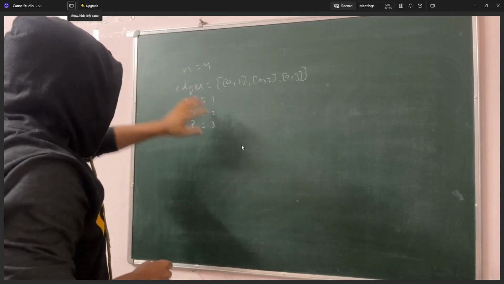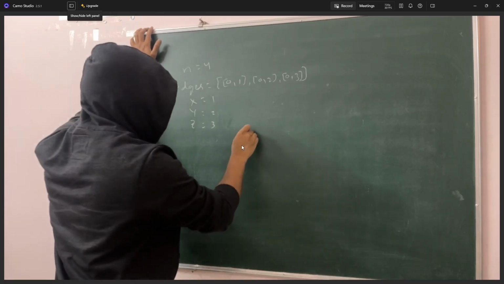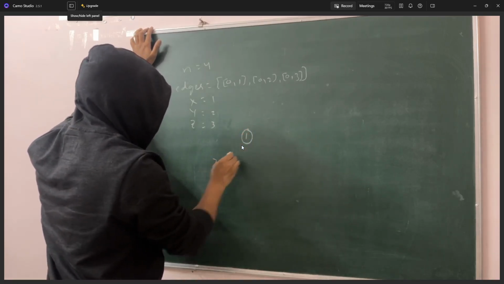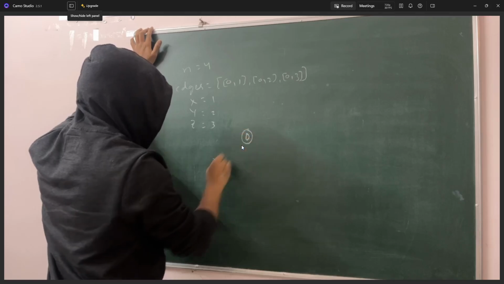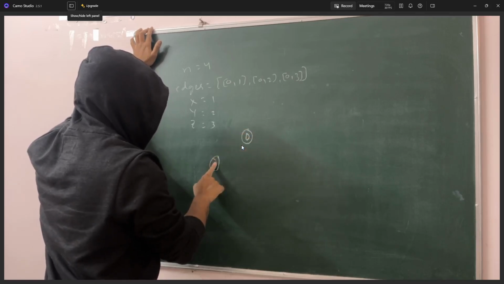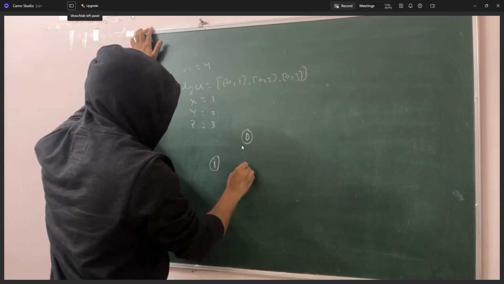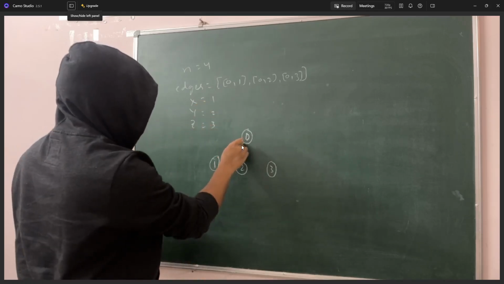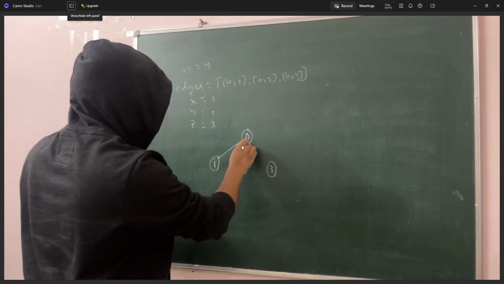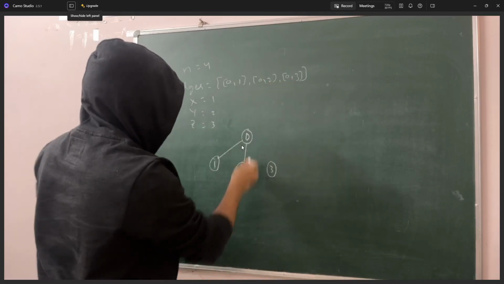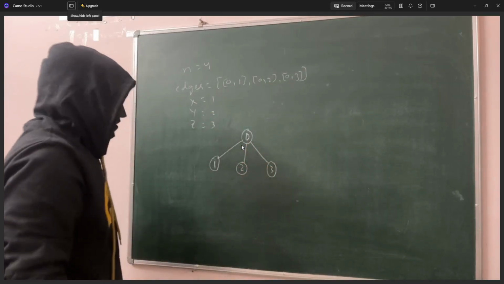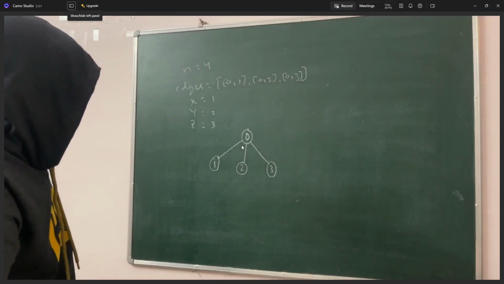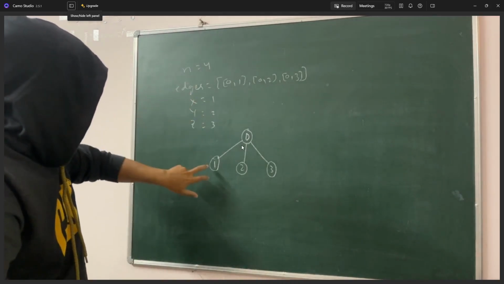So let's draw a graph. We have 0, 1, 2, and 3. We have an edge between 0 and 1, between 0 and 2, and between 0 and 3. As you can see, we have 4 nodes.